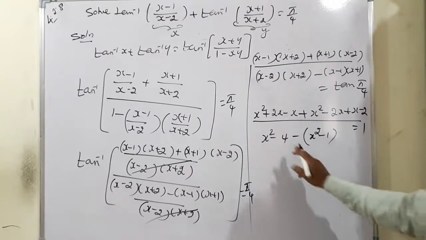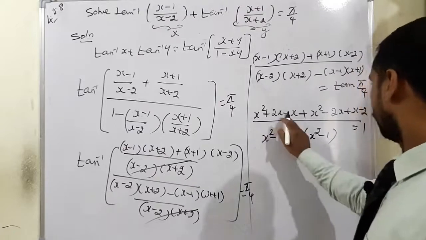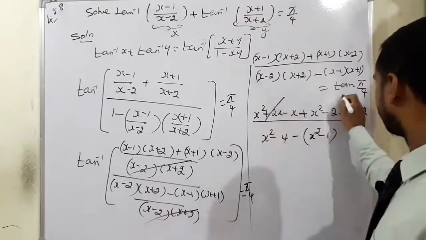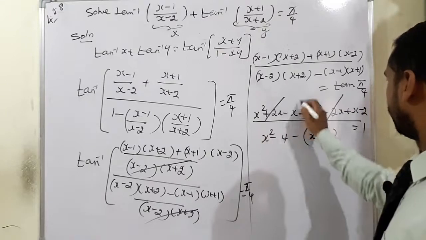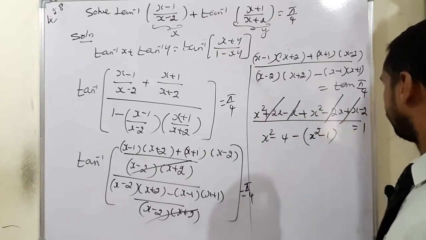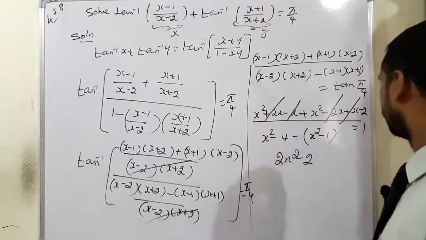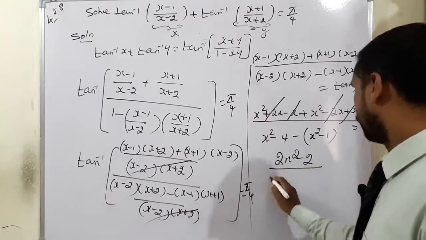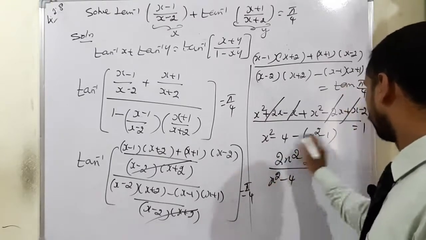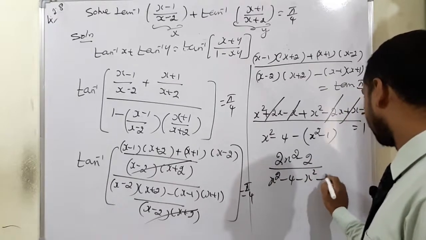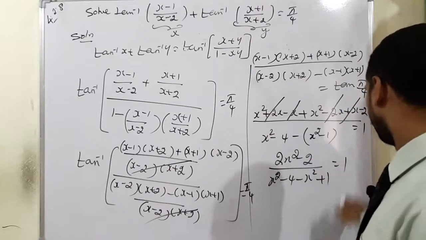Now what we have to do? In the numerator, plus 2x minus 2x cancel, then minus x plus x cancel, x square plus x square means 2x square minus 2, divided by the denominator x square minus 4. If you remove the bracket, minus x square plus 1 is equal to 1.